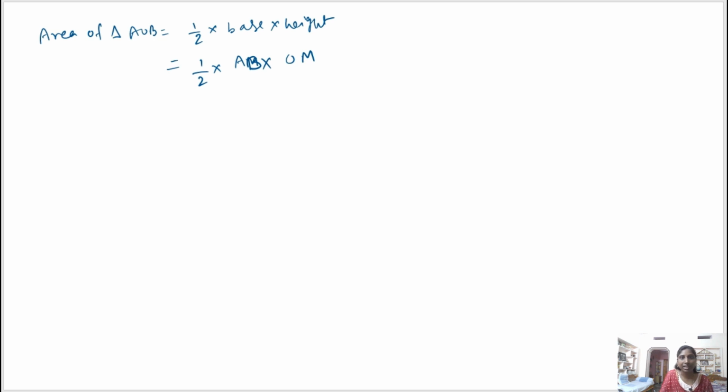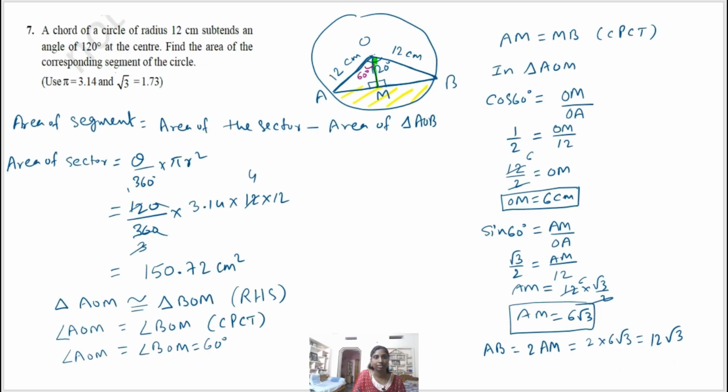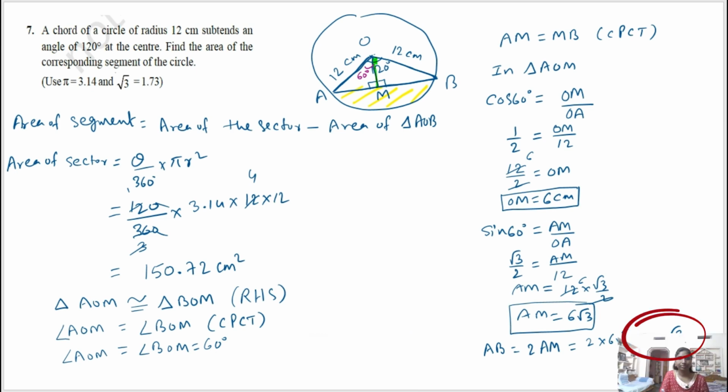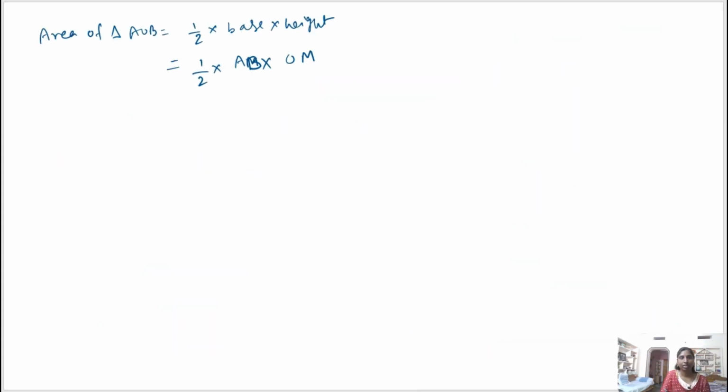In the previous slide, the height is 6 centimeters and the base is 12 root 3. So 1 by 2 into 12 root 3 into 6. Now 2 3s are 6, and 12 3s are 36, so 36 root 3.